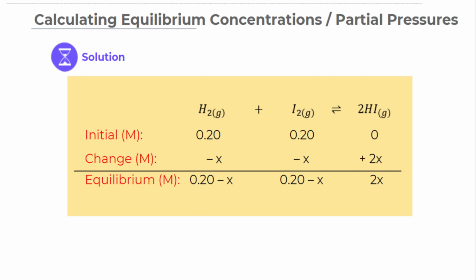Take note of the negative change in the concentration of hydrogen and iodine since they are consumed. Meanwhile, the concentration of hydrogen iodide increased by 2X. At equilibrium, the concentrations of the reactants are both 0.20 molar minus X. For hydrogen iodide, it is 2X.